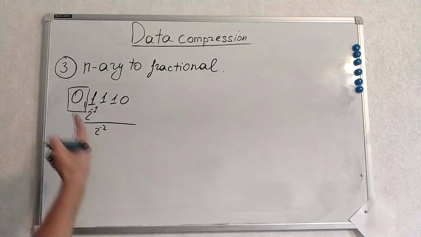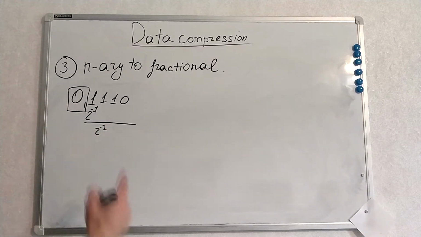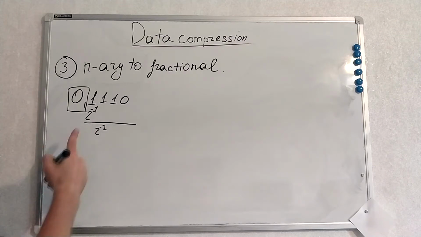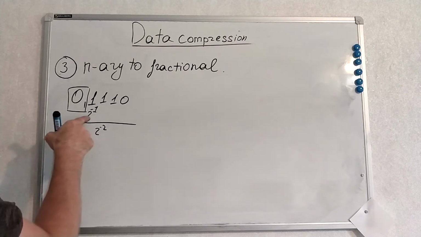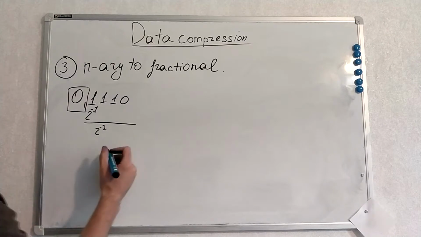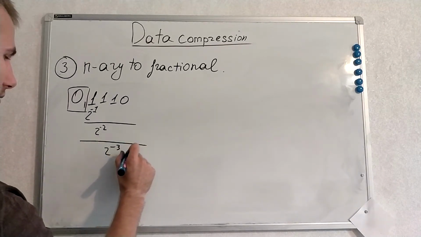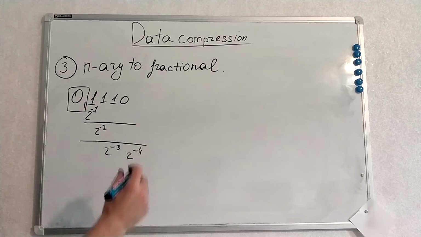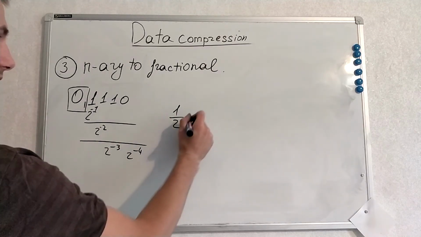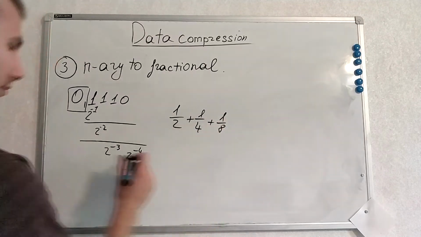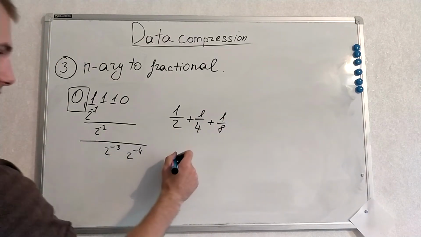The resulting fractional number will be a sum of negative powers of 2: 2 to the minus 1, 2 to the minus 2, 2 to the minus 3, 2 to the minus 4. It will be 1/2, 1/4, 1/8, because these are negative powers.